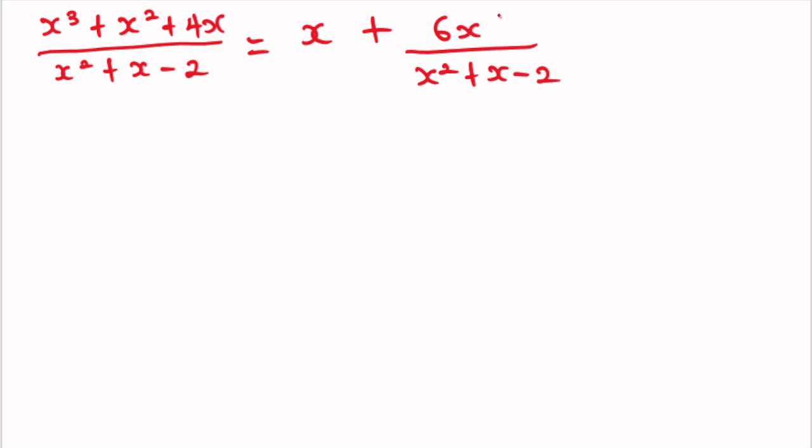So 6x over x squared plus x minus 2 becomes a proper fraction. With this, we are going to find the partial fractions for this question.